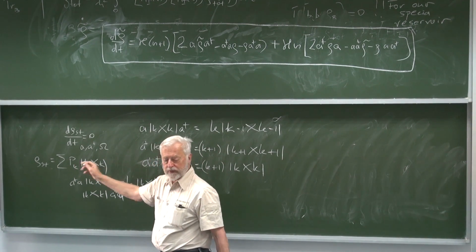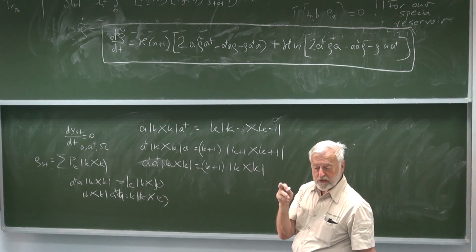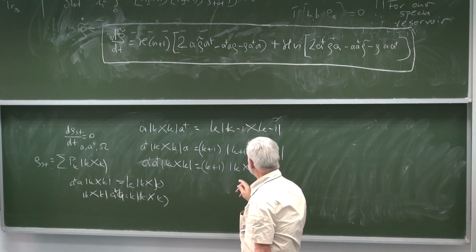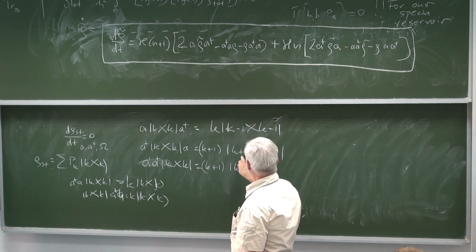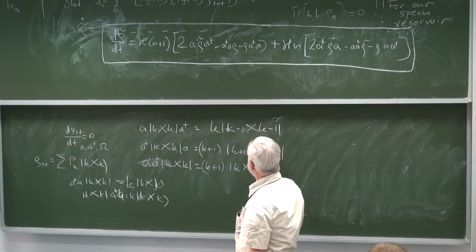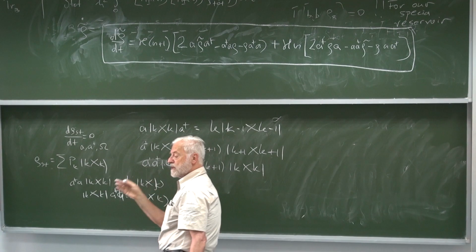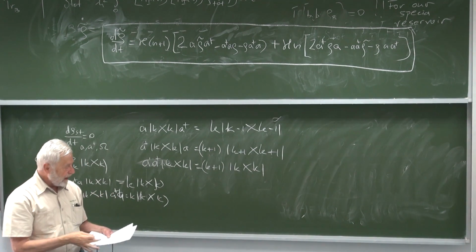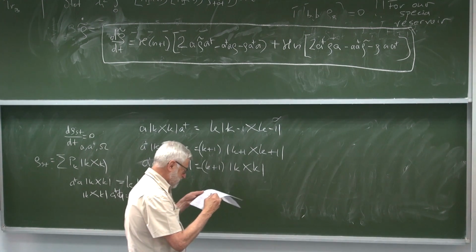So knowing this, and then substituting this sum, and changing the summation index by 1 up and down when encountering this situation where either the number of quanta is larger or smaller, and then equating to 0 all the terms multiplied by |k><k|, I get the following set of equations for these probabilities.